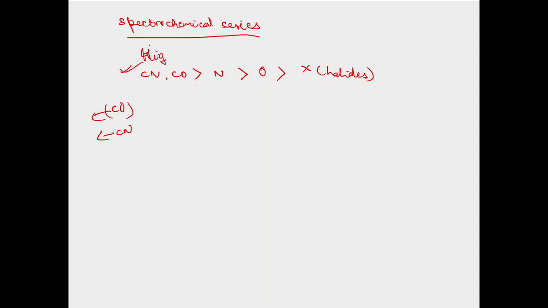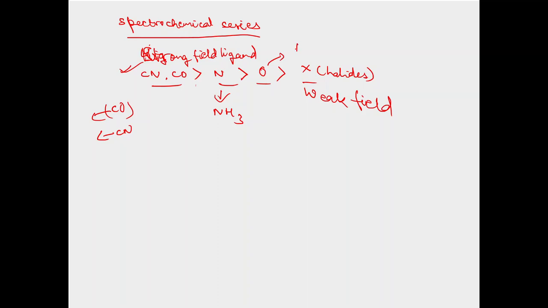Okay, so they are strong field ligands, whereas halides are weak. So a general way to remember this: strong field first, the carbon ligands in which carbon is the donor, then where nitrogen is the donor, then oxygen, then X, weak field. So an example where nitrogen is the donor is NH3, where oxygen is the donor is water, right? Water or O2 minus type of ligands, and X is halides.